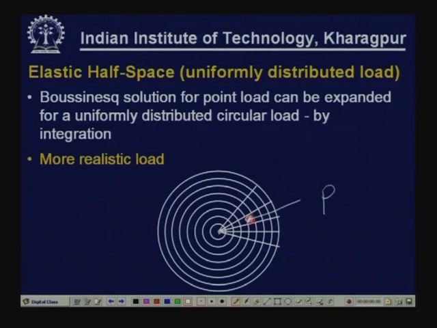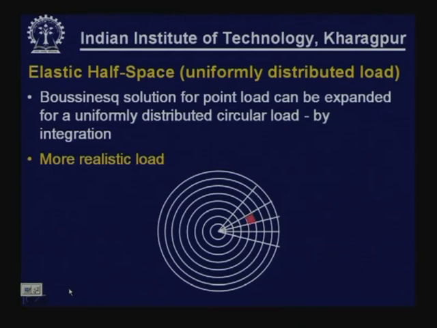So, we can calculate the vertical stress at a given location with reference to the load applied at each location. This can be integrated over the entire area, giving us the vertical stress due to a circular contact area and uniformly distributed load. This obviously is a more realistic loading condition.